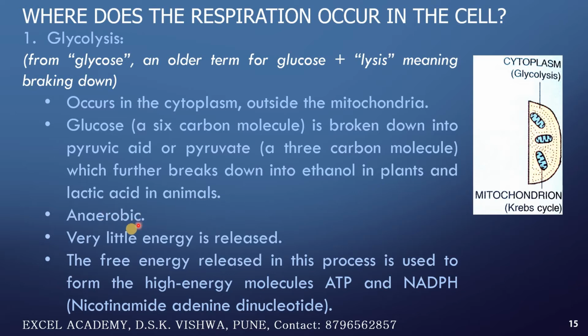This is anaerobic. Very little energy is released. The free energy released in this process is used to form the high energy molecules ATP and NADPH, nicotinamide adenine dinucleotide. You don't have to remember this as of now, but this is how glycolysis takes place.